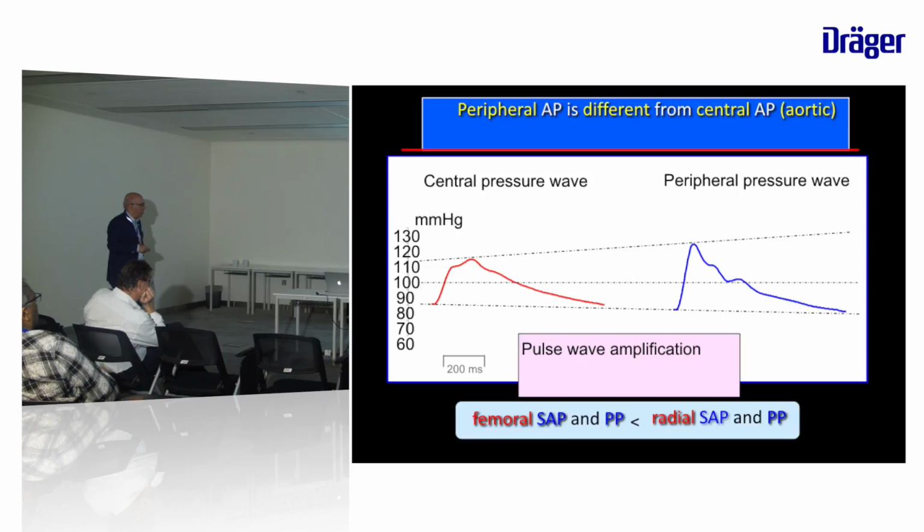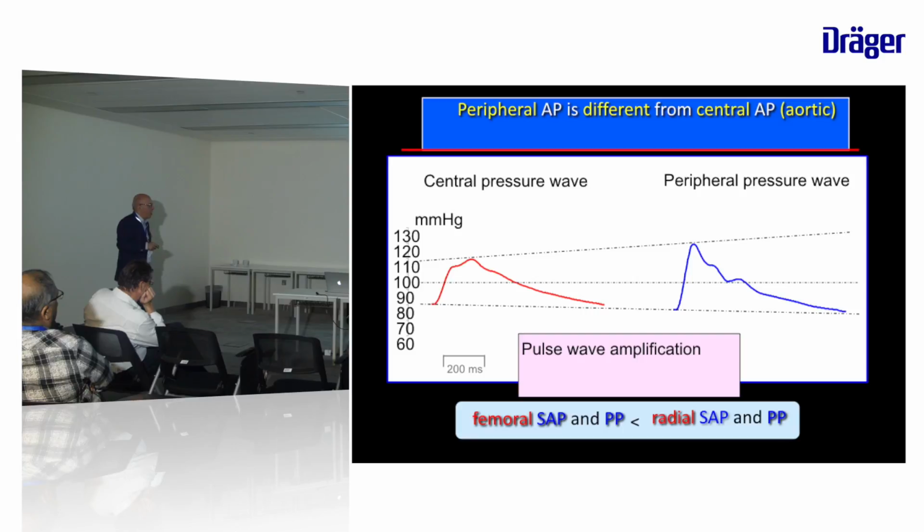So in the femoral, the systolic arterial pressure is higher, and the pulse pressure, which is the difference between the systolic and diastolic pressure, is lower in the central compared to the peripheral.